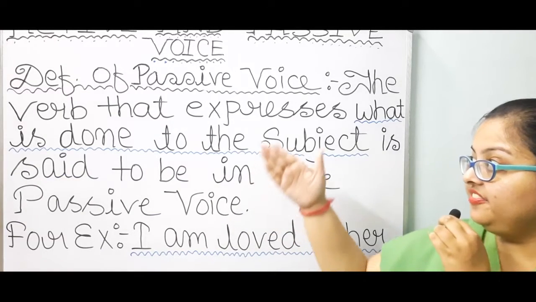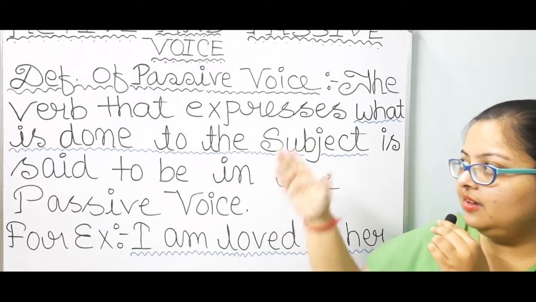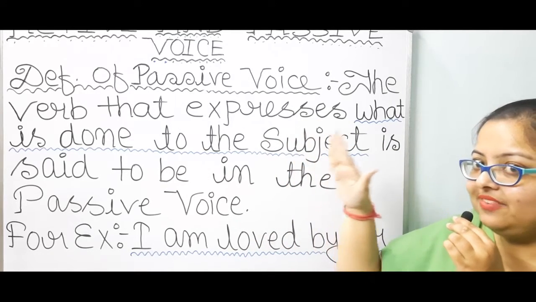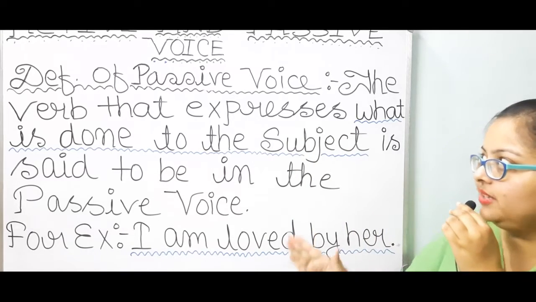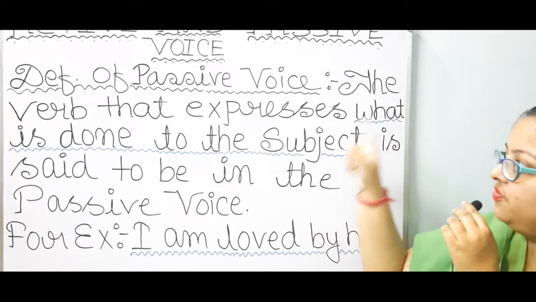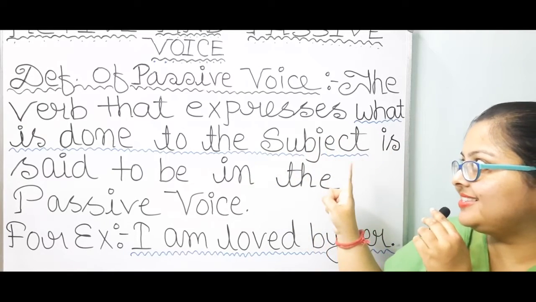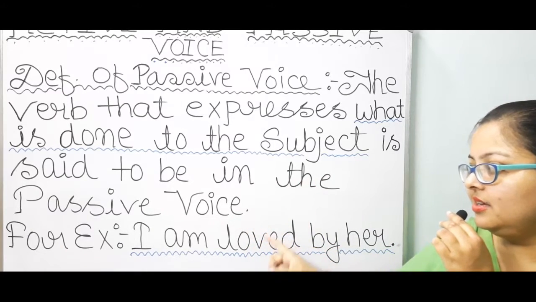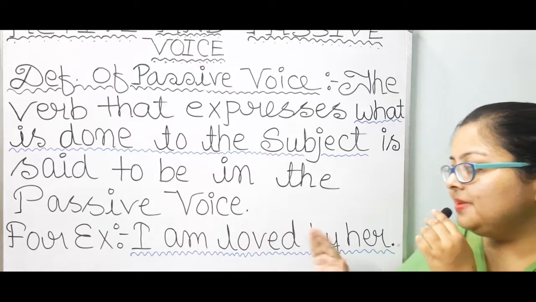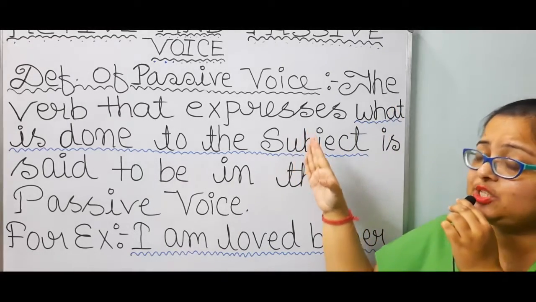Next, definition of passive voice. Let's see what passive voice is. The verb that expresses what is done to the subject is said to be in the passive voice. For example, I am loved by her.